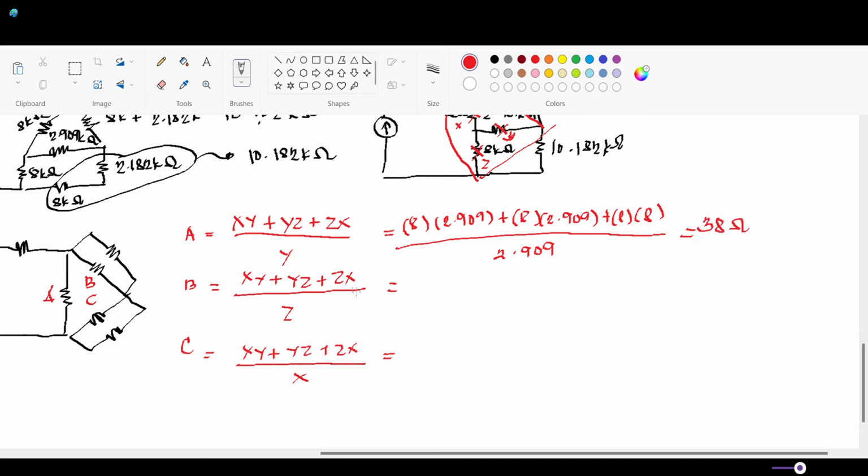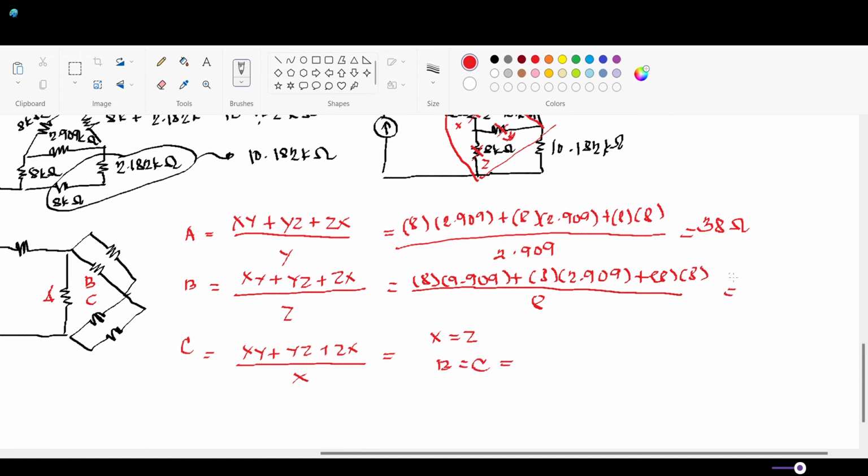38 ohms. And dito naman, we have the same 8, 2.909 plus 8 times 2.909 plus 8 times 8 divided by Z is 8. And they are the same with C because since X is equal to Z, so B is equal to C also.